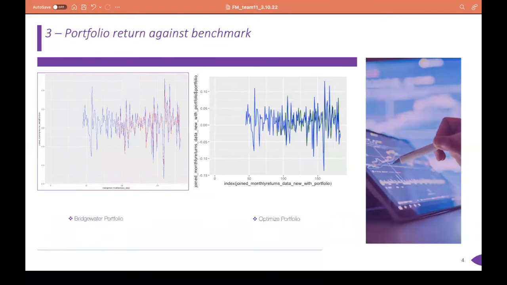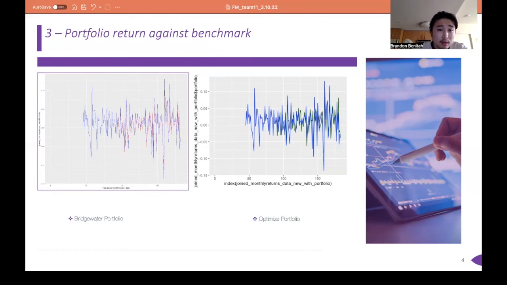And yeah, this is a chart comparing the benchmark and the original portfolio, and the other one is the optimized portfolio. So we provided 2 charts for the volatility, comparing the portfolio and the benchmarks.